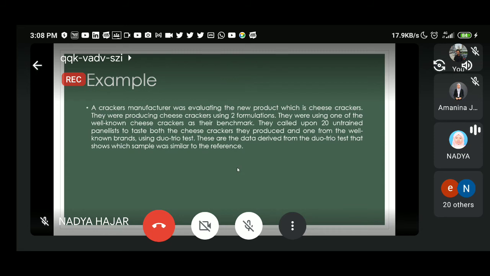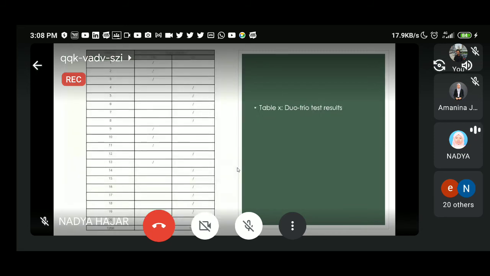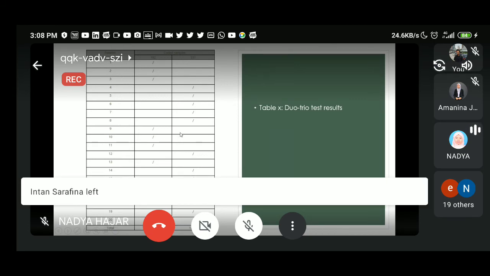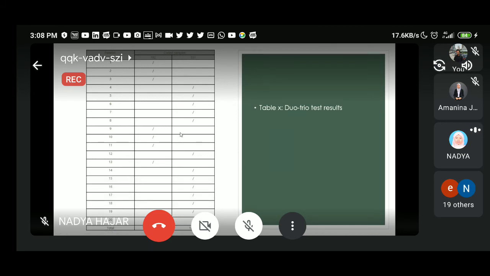to the reference. Okay, kat sini ada dua coded samples. So kalau kita tengok total kat sini, sampel 331 adalah yang paling ramai panelis yang cakap dia adalah sama dengan reference. Tapi kita nak tengok, is there a significant difference between the two samples with compare with our reference?